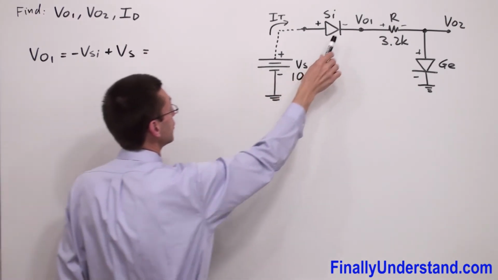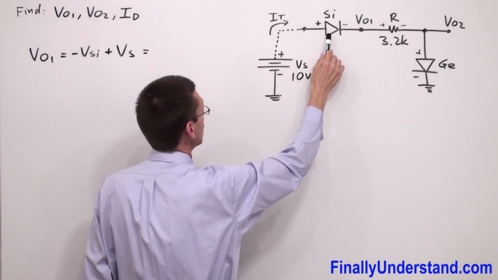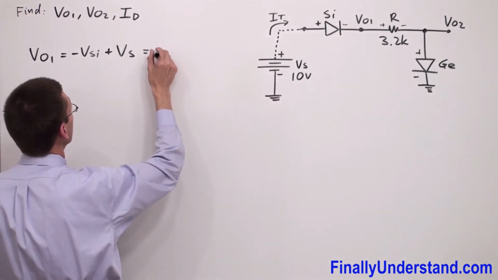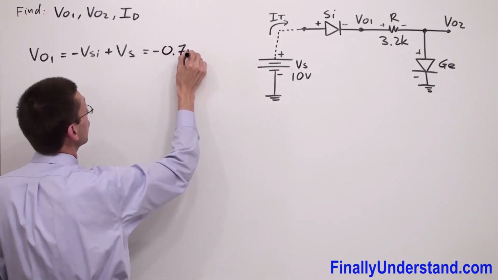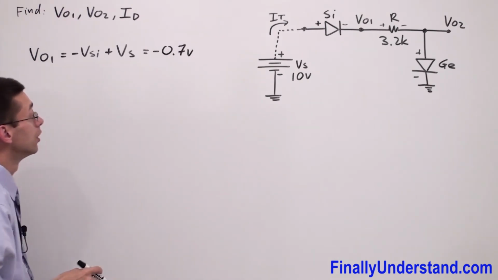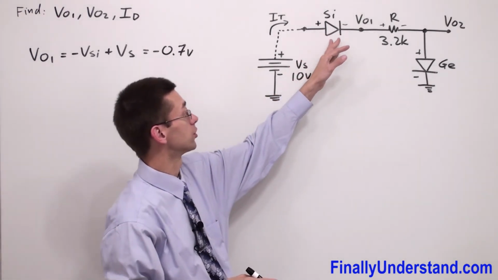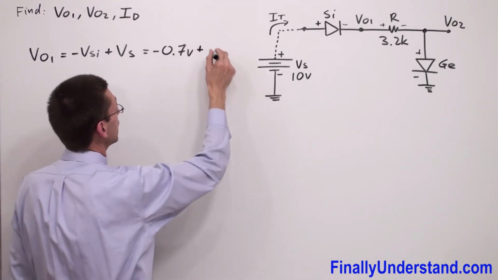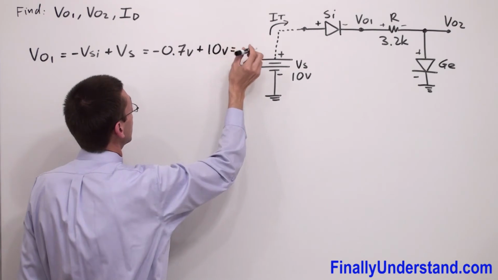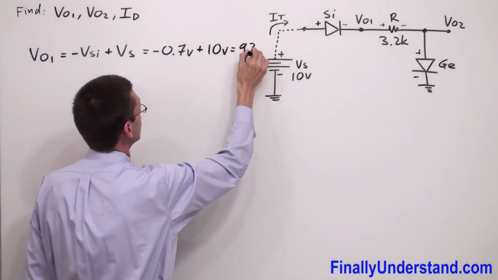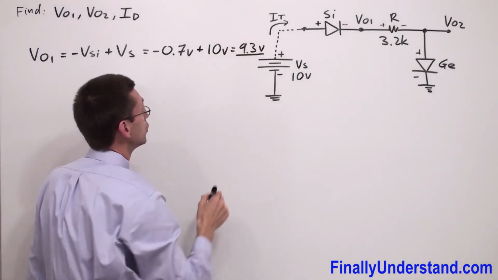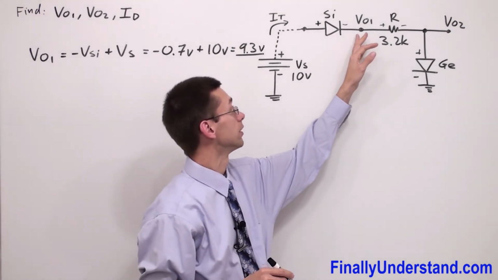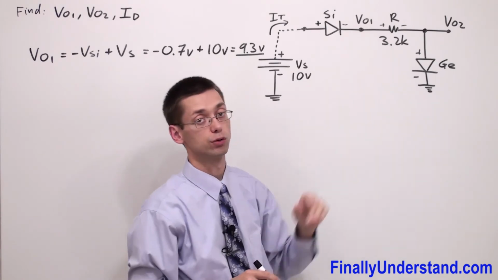One more time, I have negative voltage across the diode plus voltage source. So this is equal to negative 0.7 volts, because this is the transition voltage of the silicon diode, plus 10 volts. This is equal to 9.3 volts. So this is the voltage at this point. This is my Vout1.